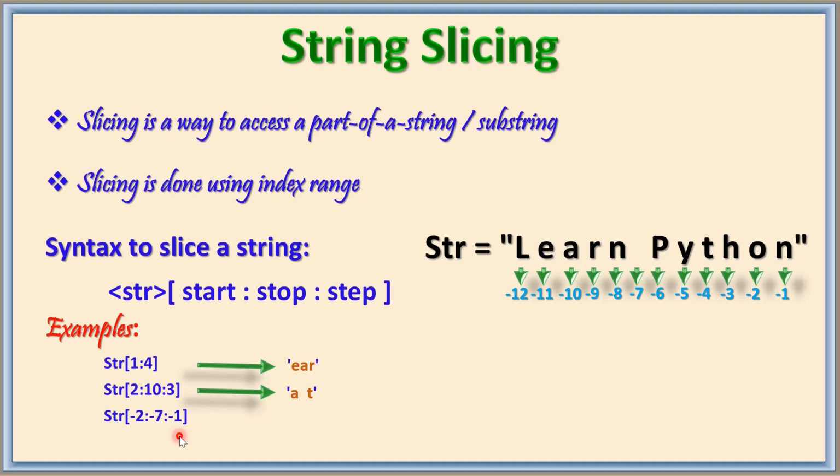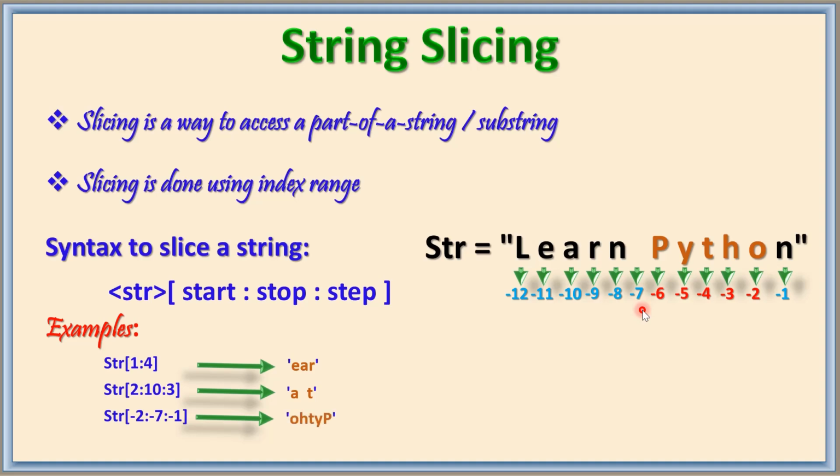It is +1. It is never -1. So in case the start is the bigger number and the stop is the smaller number, then it should go from right to left. So now it starts from -2 and then it will go up to -6, that is -7 is not included, we know that. So the output will be OHTYP.